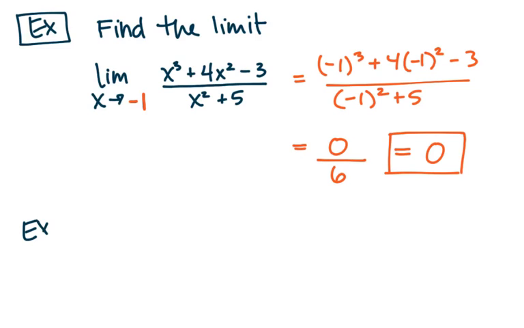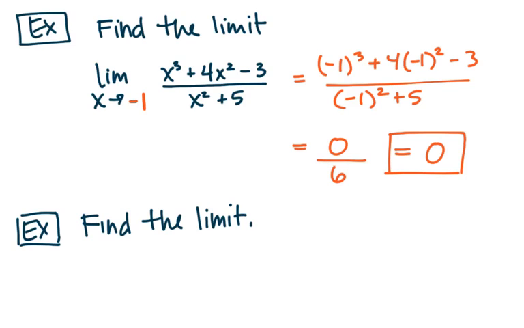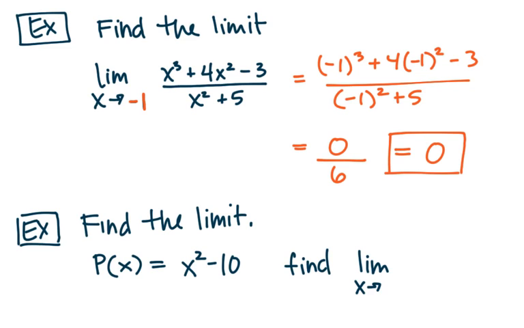So let's look at another example. Find the limit. And I'm going to present this one a little bit differently. Say we are given p of x equals x squared minus 10. And I might ask you to find the limit as x goes to 1 of p of x.